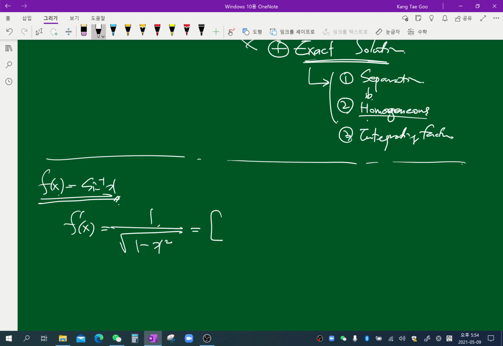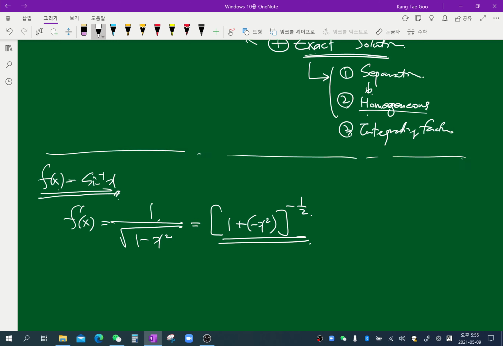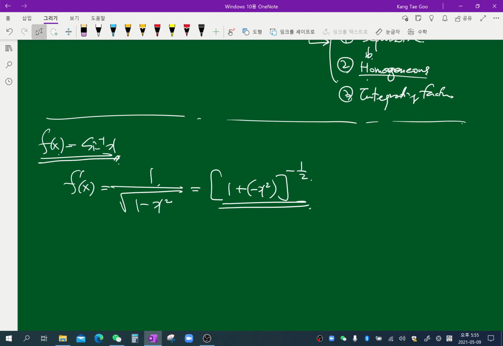And then this one is 1 plus minus x squared to the power of negative half. Then we can go for the expansion, the Maclaurin series, power series expansion, binomial expansion, the extended version of the binomial expansion, whatever the name is. Anyway, we know how to expand this into the Maclaurin series.